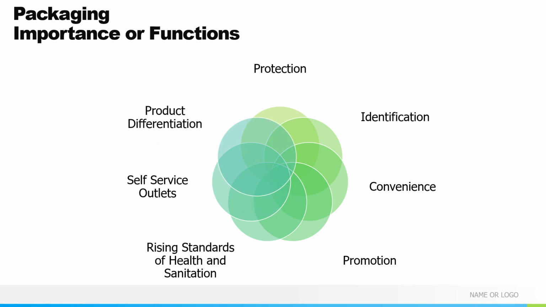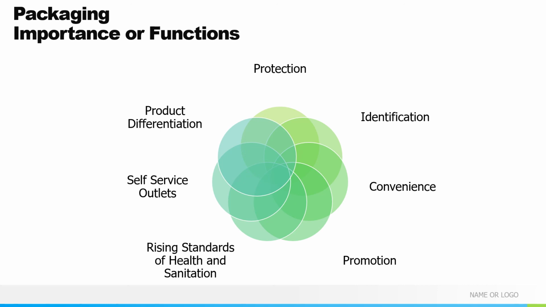Another feature is product differentiation. This is one feature which packaging is always playing. Packaging is helpful in creating product differentiation. The color, the size, the material, etc. of the package make it really different in the mind of the customers, like about the quality of the product.